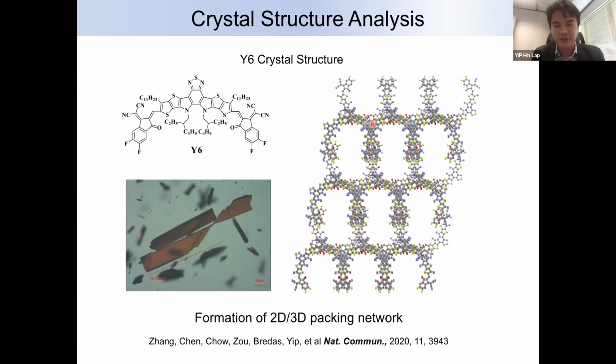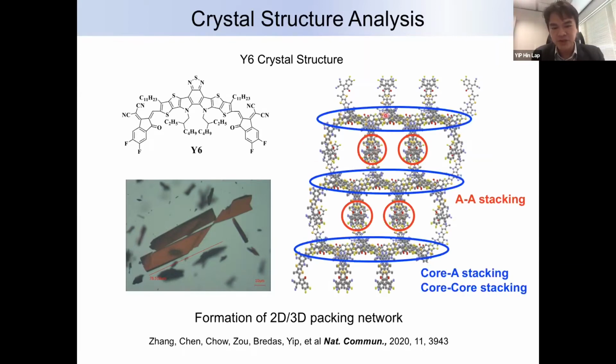And if you do a further analysis of that, you can see the acceptor here, which corresponds to electron transport, is stacking in this channel. And then this blue region consists of the fused core and acceptor stacking, and also core to core stacking. And then the hole here actually corresponds to all the side chains.